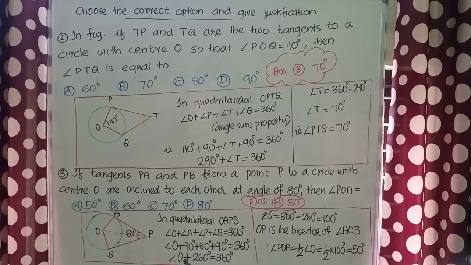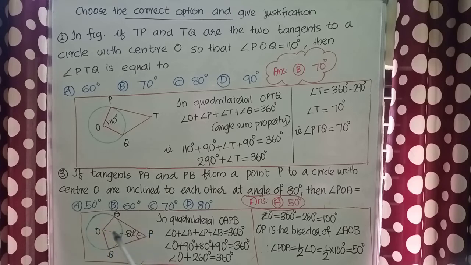That is angle O plus 260 degree equal to 360 degree. Angle O equal to 360 degree minus 260 degree. That is angle O equal to 100 degree. So we got this angle O is 100 degree.